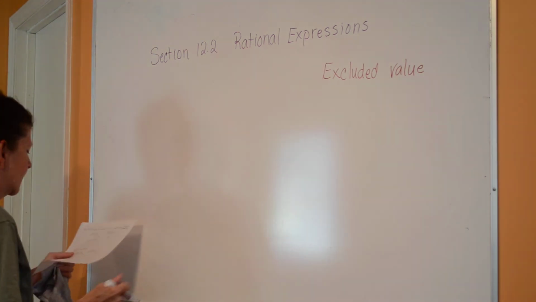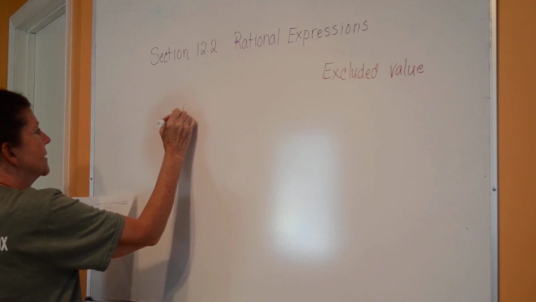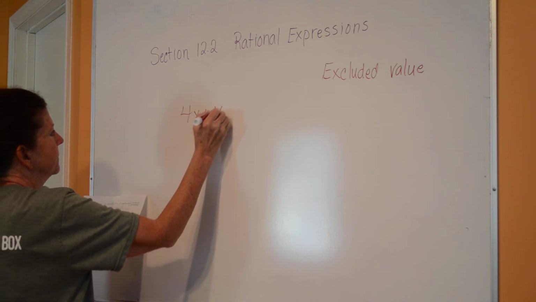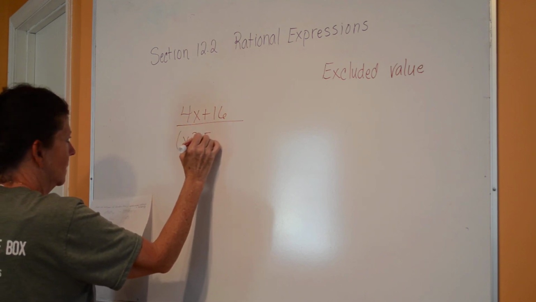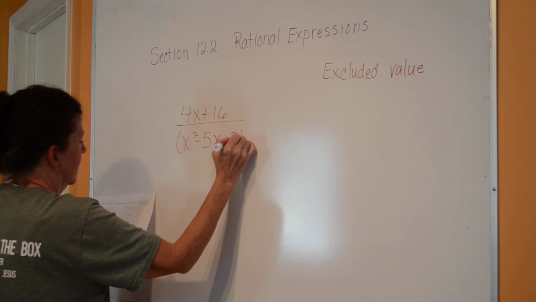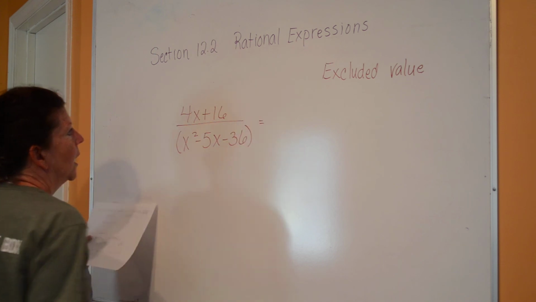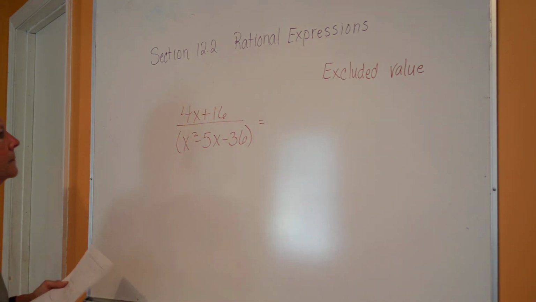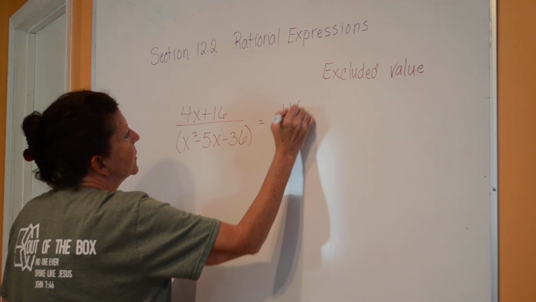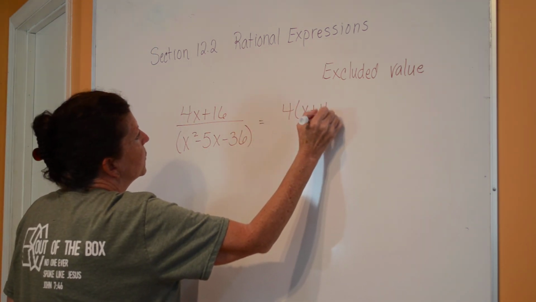Now you're looking for the excluded values and you're looking to simplify. All right, so go ahead and work that out, then come back. The top, I'm going to factor out the 4, so I have x plus 4.